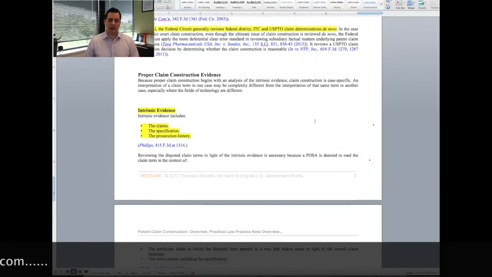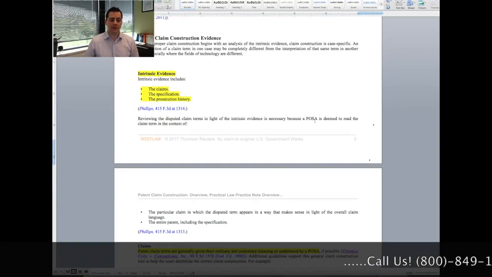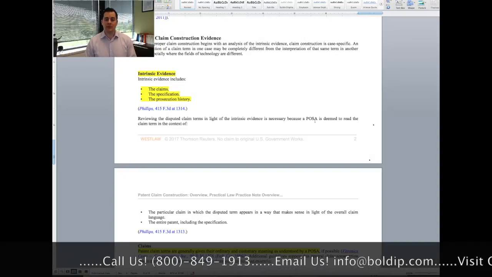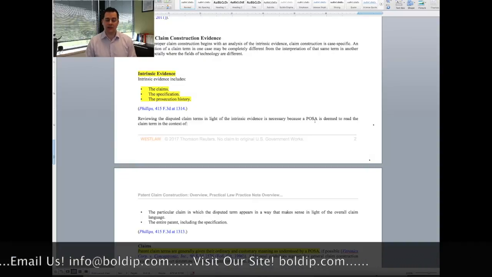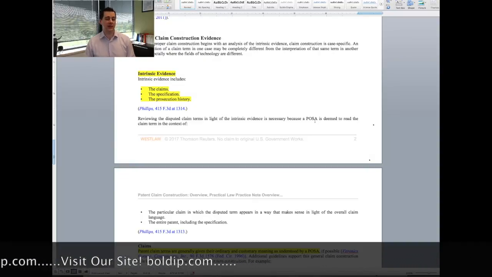There's both intrinsic and extrinsic evidence. This is where we'll end our discussion today. Just know there's a lot more material and background here. Intrinsic evidence, which are things that the courts may consider, are of course the claims. We just read through claim number 1. They're going to read the claim. They're also going to read the specification and the prosecution history.